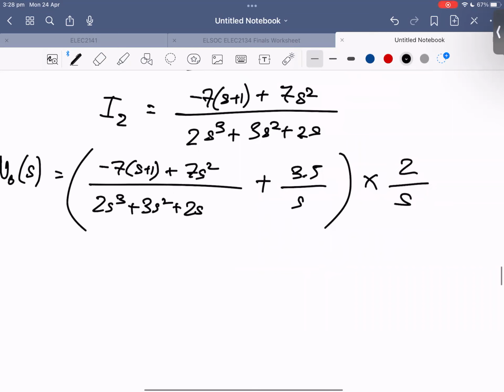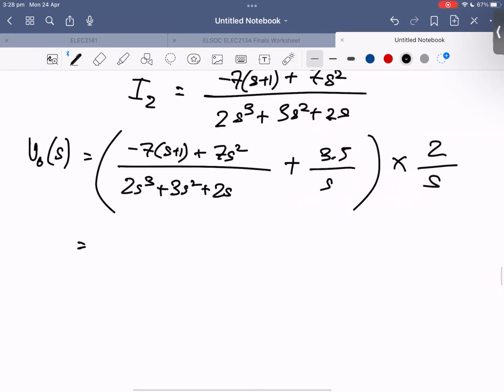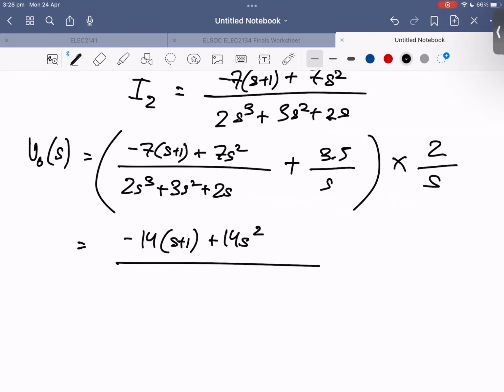So you should get 14S plus 1 plus 14S squared. And on the bottom here, we should have 2S cubed plus 3S squared plus 2S, and that's times by S.